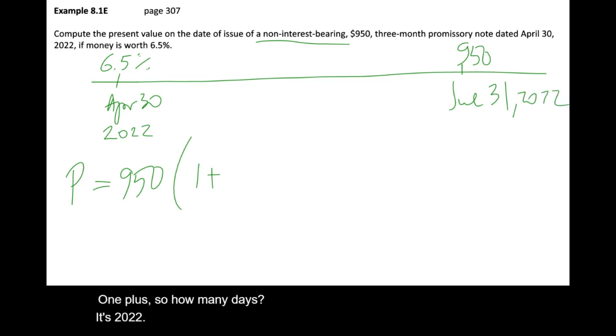So July 31st, 212 minus April 30th, 120, 92 days.